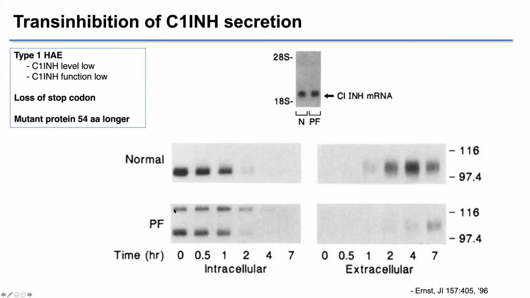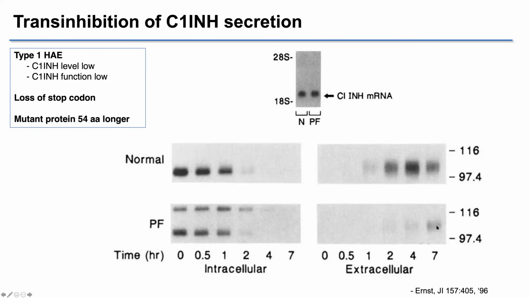And so if we look at the mutant protein first, we see that just like the type 1 patient I showed you, it sticks around inside the cell longer, then finally disappears, but doesn't appear outside the cell. But the surprise was the wild type protein, which hardly appears outside the cell, nothing like this.